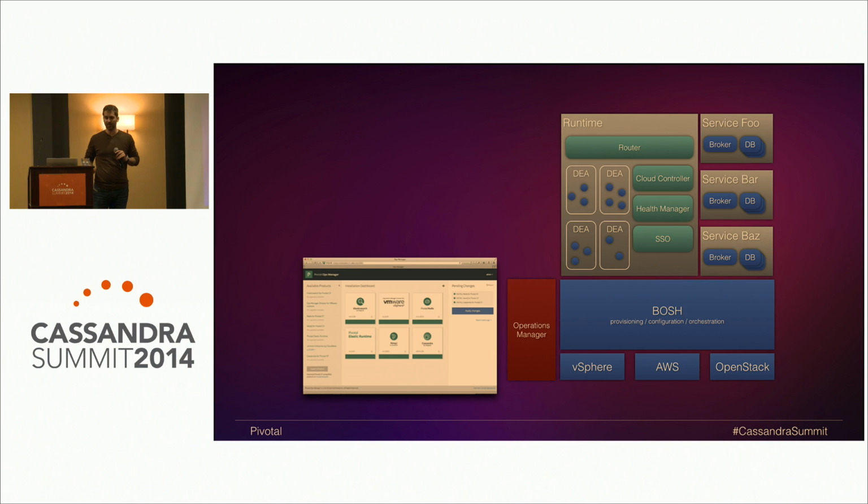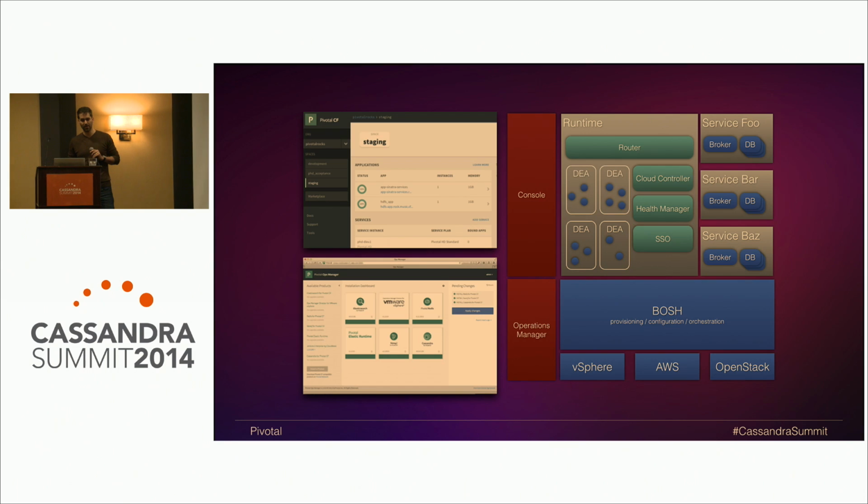And then alongside that, they can install other tiles like Cassandra, and those are deployed as services that talk to the runtime and enable the integrations. And then finally, there's the application developer console, which is deployed alongside it as well.